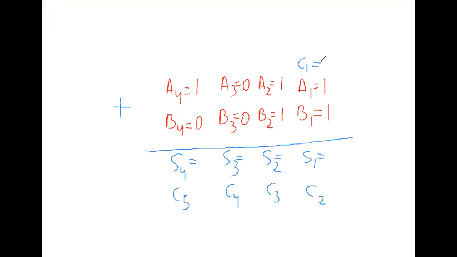C1 will be equal to 0. Why is it 0? See, whenever you are going to add any number, suppose 1110, right? Initially, is there any carry? In the LSB, there is no carry, right?